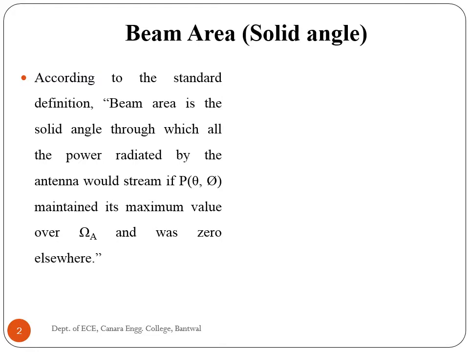Beam area. Beam area is the solid angle through which all the power radiated by the antenna would stream if power maintained its maximum value in theta and phi direction over a sphere and was zero elsewhere. The radiation intensity P of theta, phi should be maintained constant and maximum throughout the solid beam angle, its value being zero elsewhere.